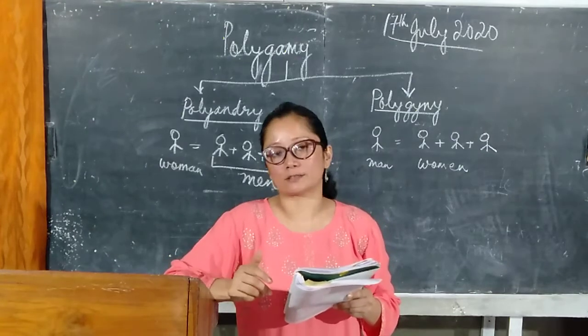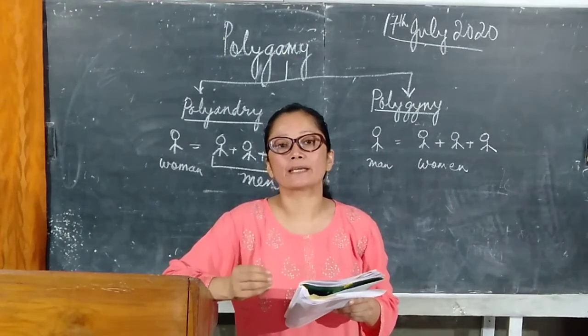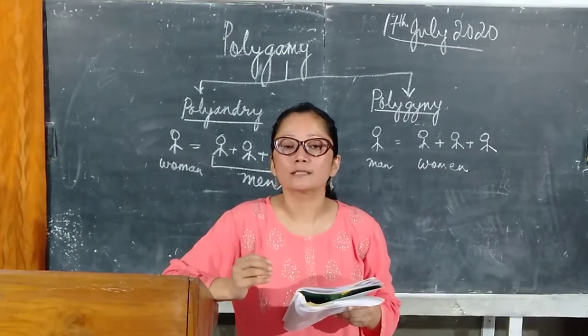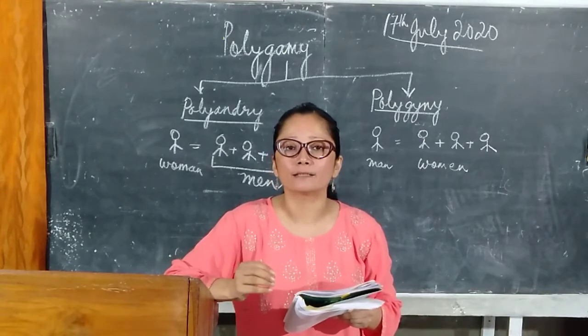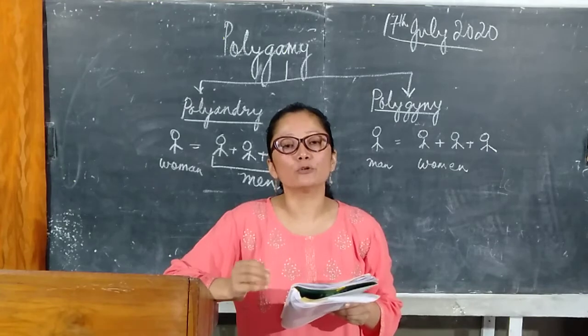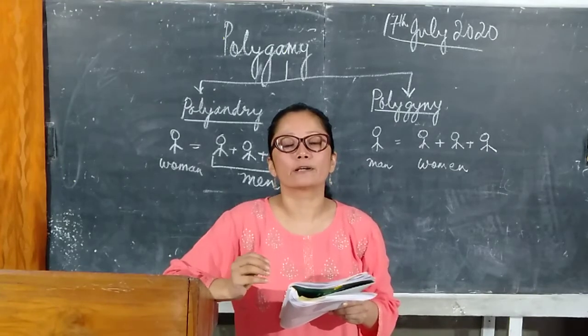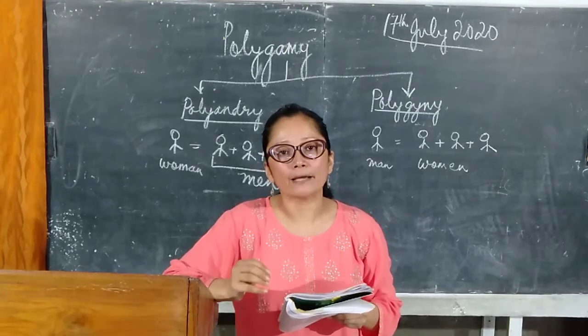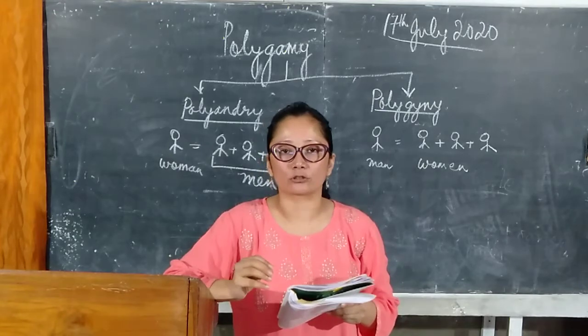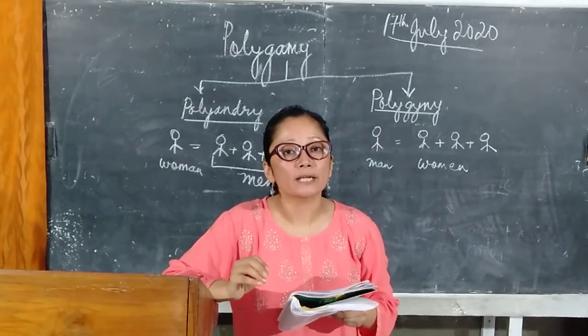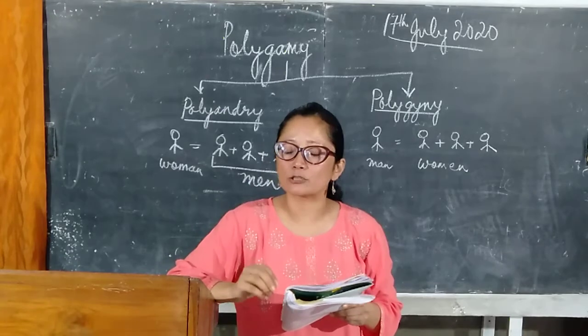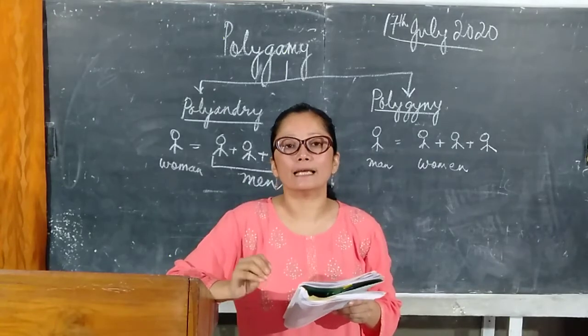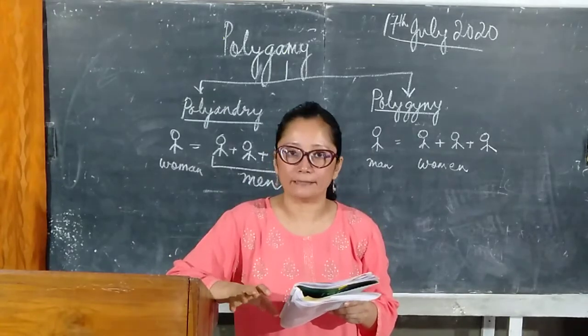Amongst the royals, the most simple example is King Dashrath. All of you know the story of Ramayana. In Ramayana, we have King Dashrath, who was married to 3 wives. This is an example of polygamy.